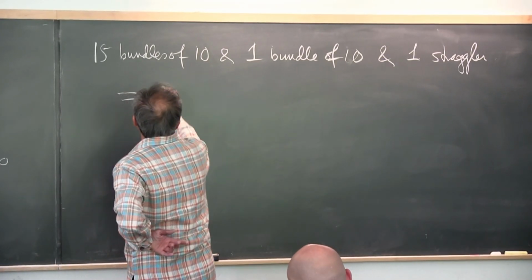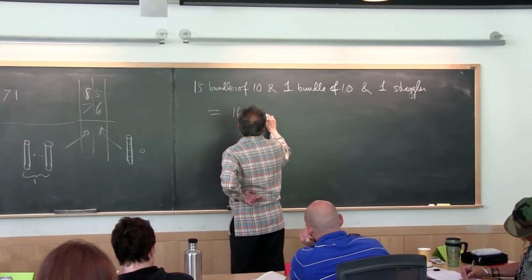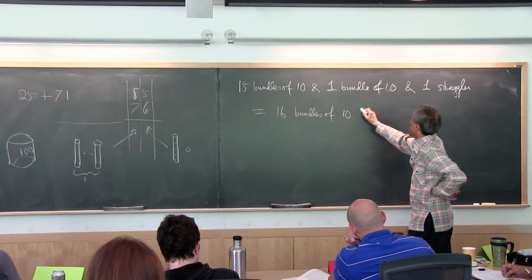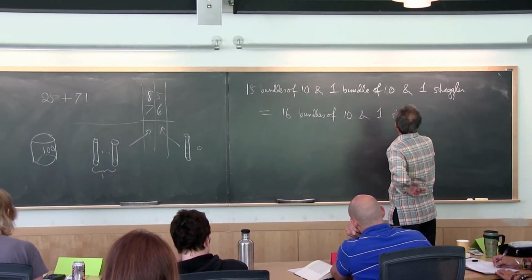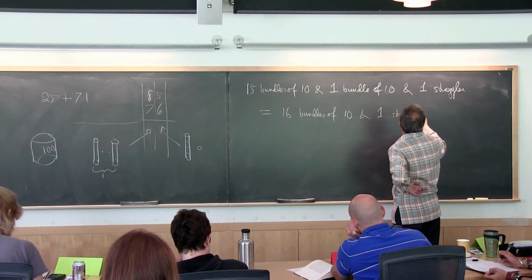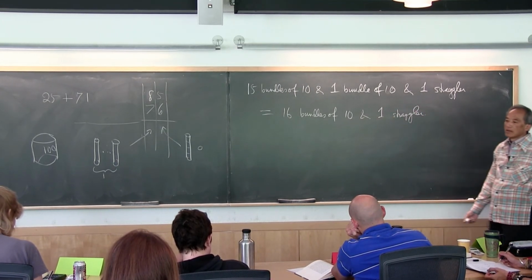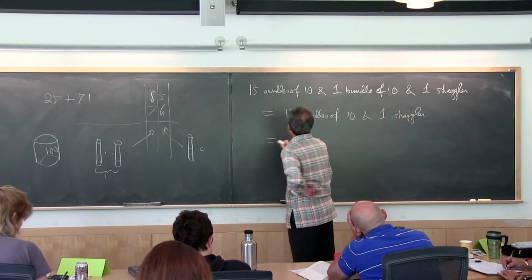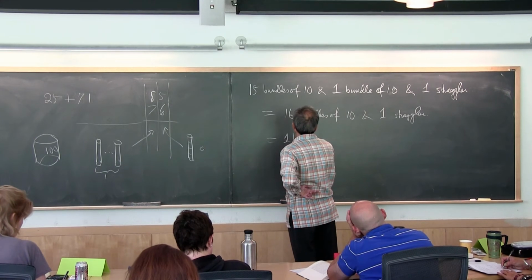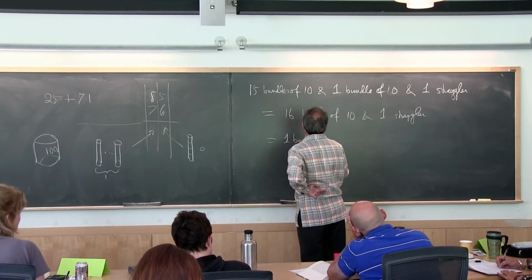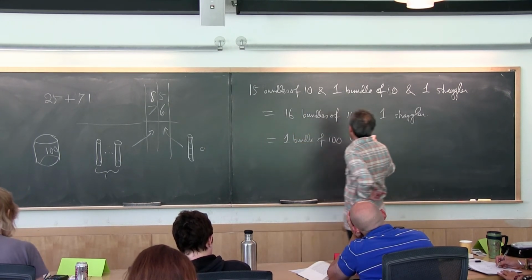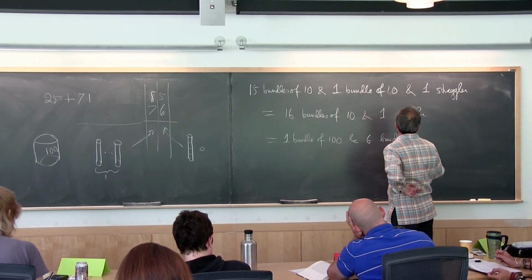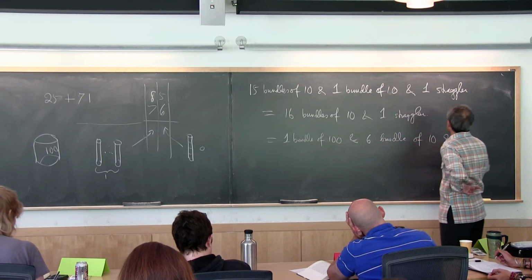So that would be 16 bundles of 10, and 1 stack. And then 16 bundles of 10 is nothing but 1 bundle of 100, and 6 bundles. Okay. And 1 stack.